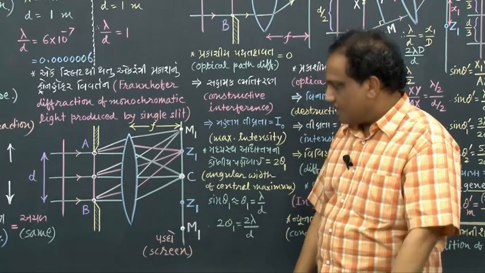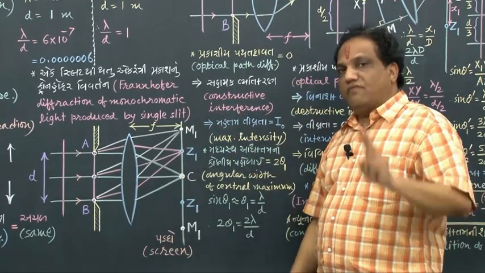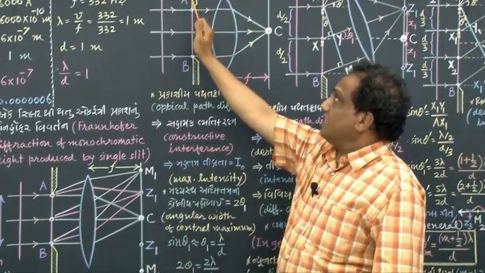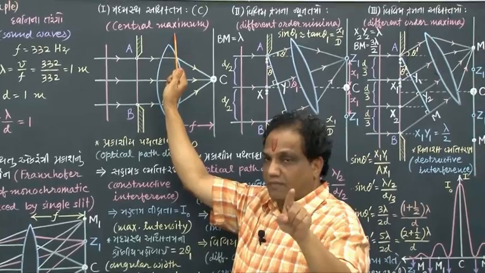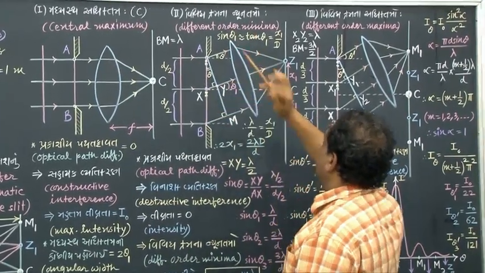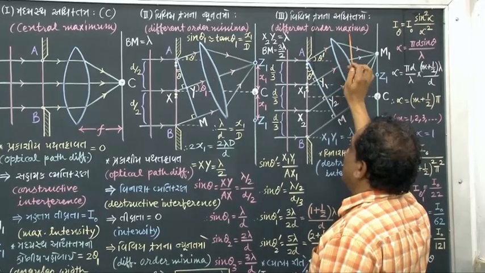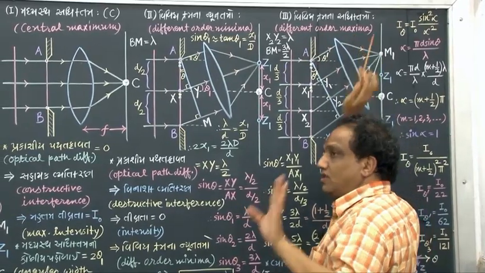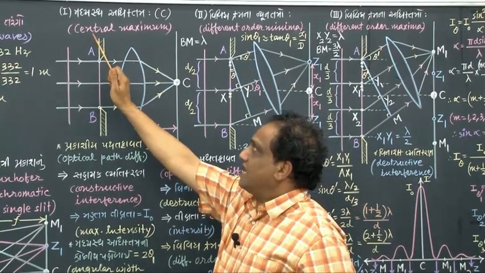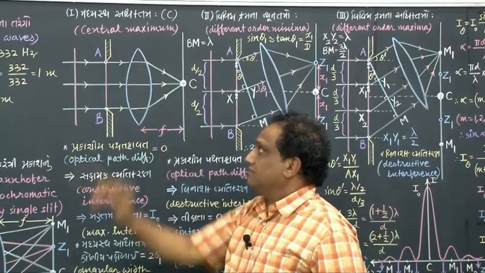Now this theory we will discuss in 3 parts. First part is central maximum, another part is different order minima, and the final part is different order maxima. Let us take all the 3 parts one by one. First of all, let us discuss the central maximum.